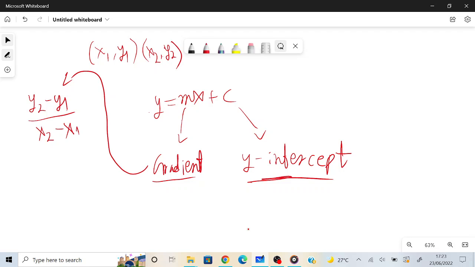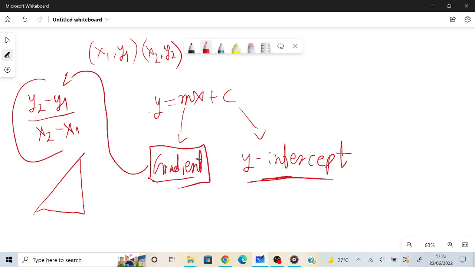Also note that there is another way of finding the gradient, known as the triangle method, where you have a graph and you draw a triangle to the graph and find the area of that triangle. However, I will not be using that method as I'm not entirely comfortable with it and it's not 100% accurate, whereas y2 minus y1 over x2 minus x1 is 100% accurate and does not vary.